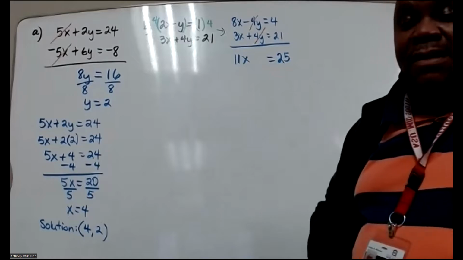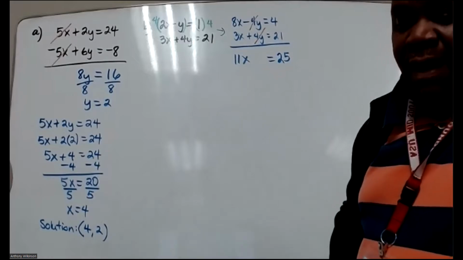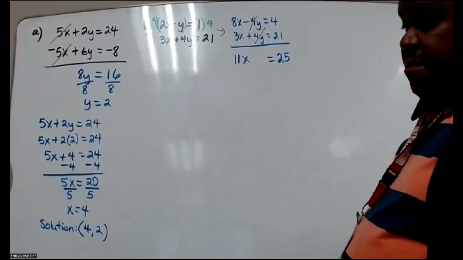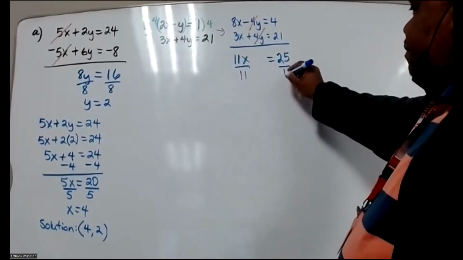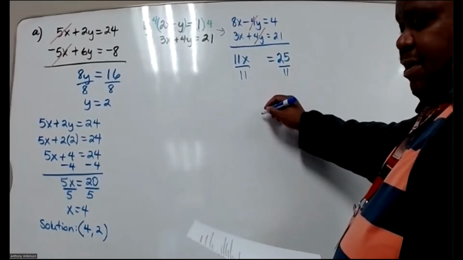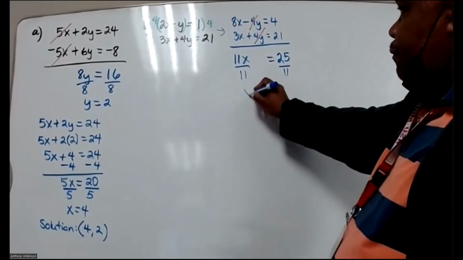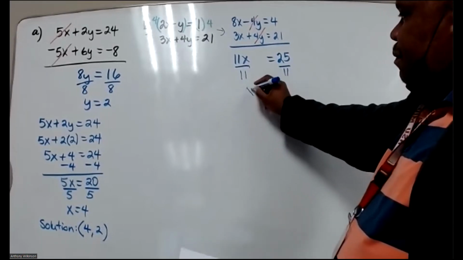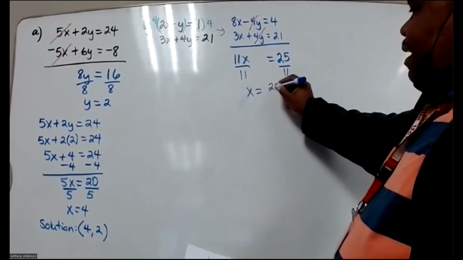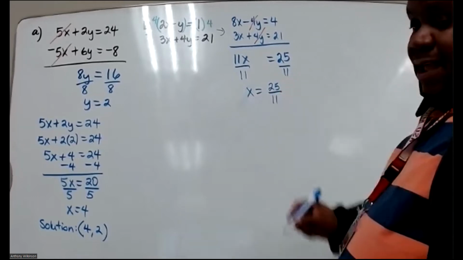So I got 11x is equal to 25. And when I divide both sides by 11, and I'm going to leave that as an improper fraction, I'm going to have x is equal to 25 over 11.